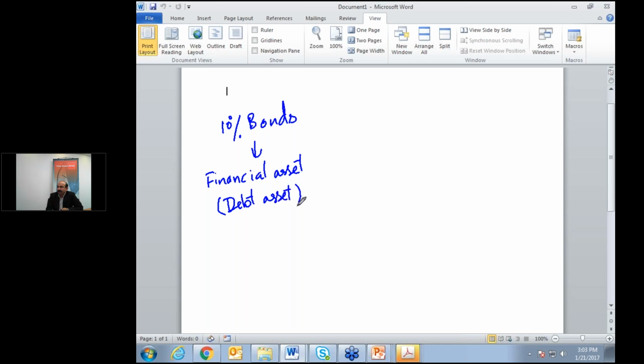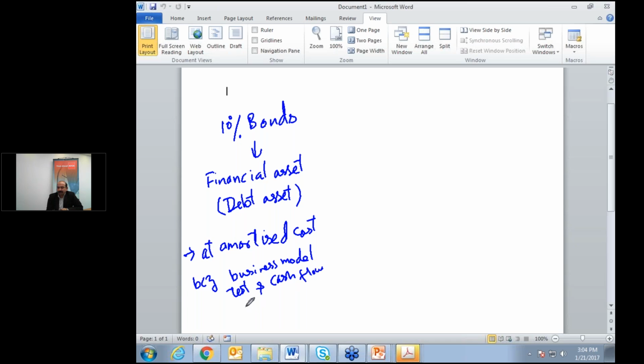And subsequently, you will be measuring this debt asset at amortized cost, because the business model test and the cash flow test are being met.